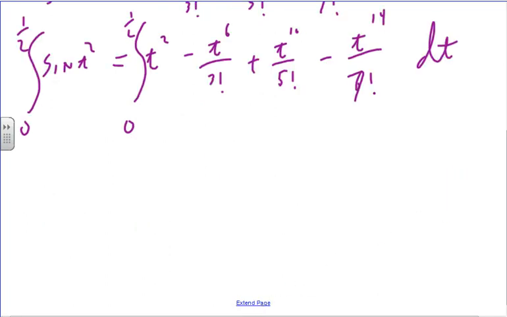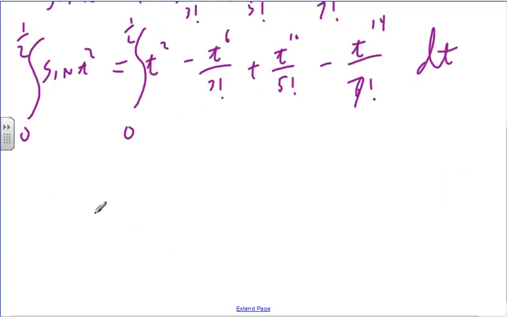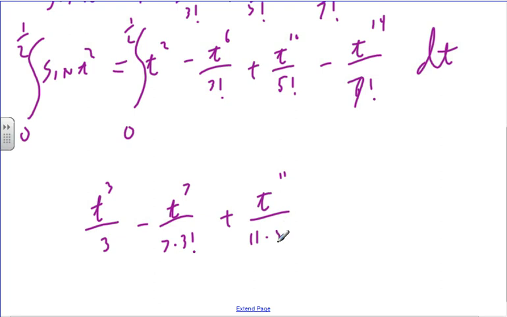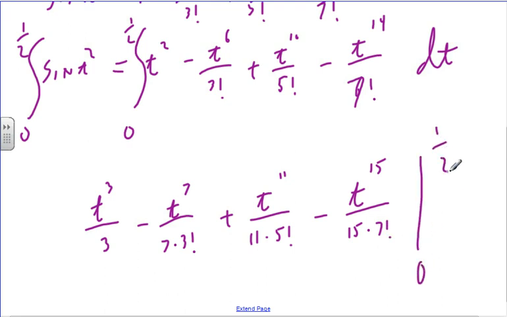Okay, so I'm just going to use 4 terms. So I'm going to have t cubed over 3 minus t to the 7th over 7 times 3 factorial plus t to the 11th over 11 times 5 factorial minus t to the 15th divided by 15 times 7 factorial, evaluated at 0 and a half.